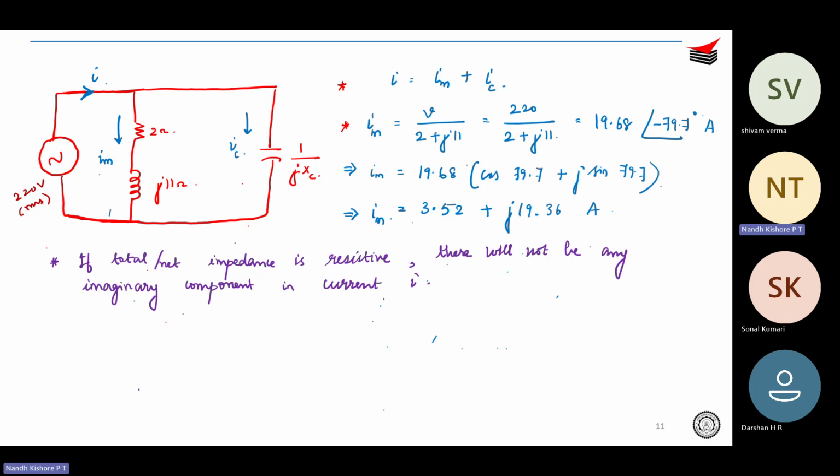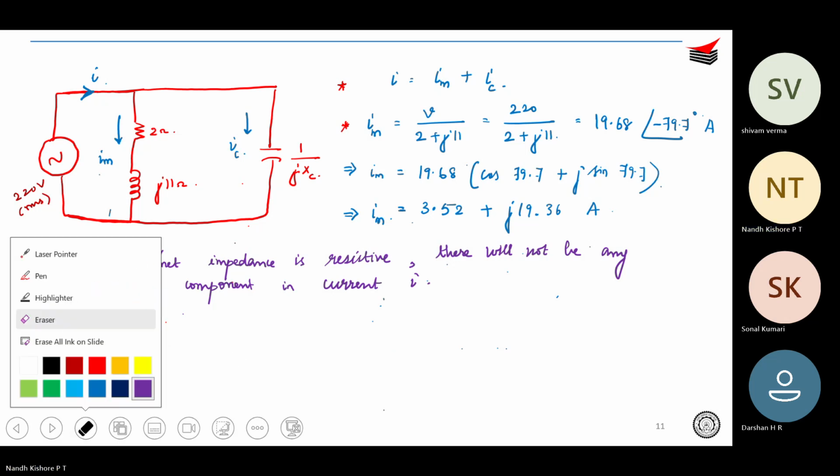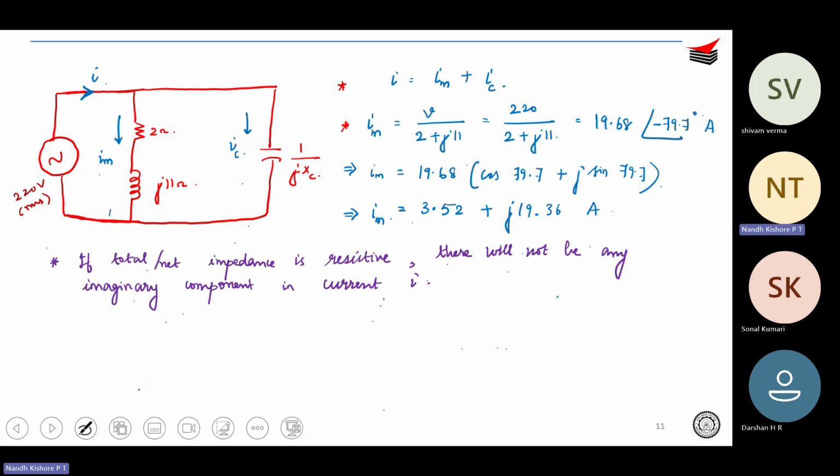Which means that if IM is drawing 3.52 plus j19.36, IC would be the negative of that, minus j19.36, so that this imaginary part is getting cancelled out. It means your imaginary part will be 0.